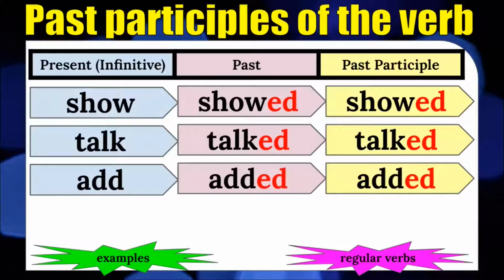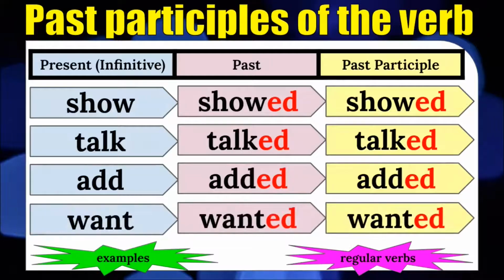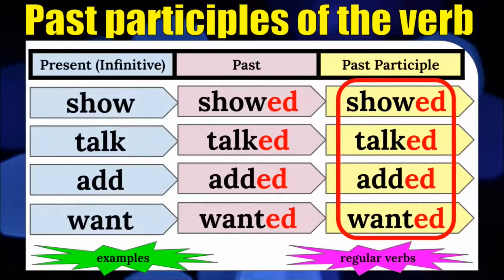Add, added, added. Want, wanted, wanted. The past participle forms of the verb are showed, talked, added, wanted. Regular verbs form their past and past participle by adding d or ed to the present or infinitive form.